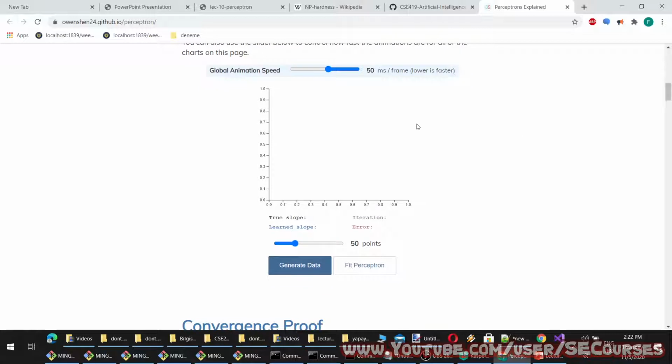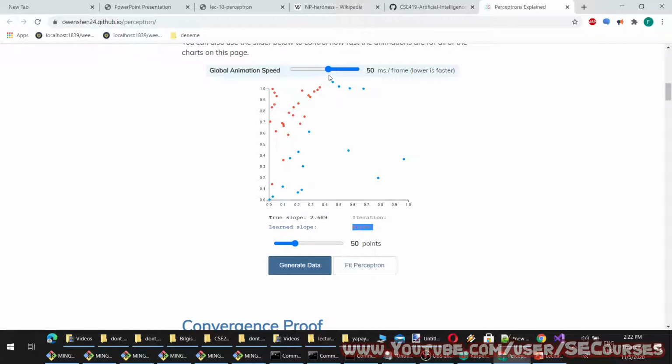For example, here it will first generate data. This is our data set, and we will fit a perceptron to this one. There are two features, which are x and y here. True slope is 2.689, and there is iteration and the error rate.